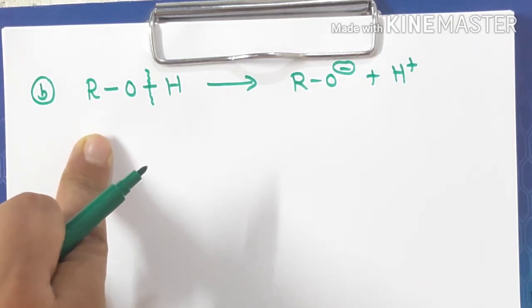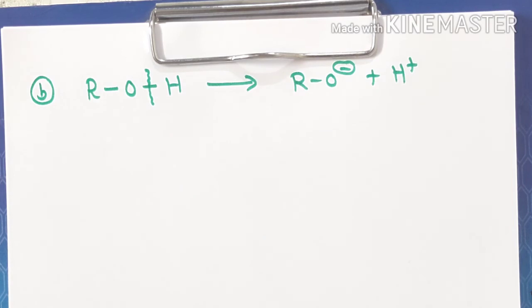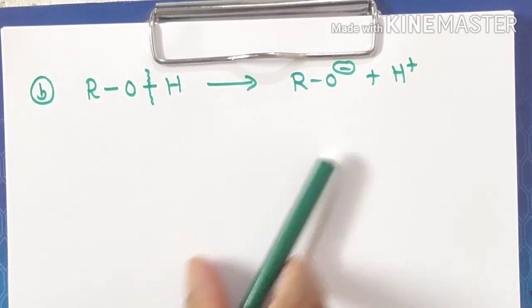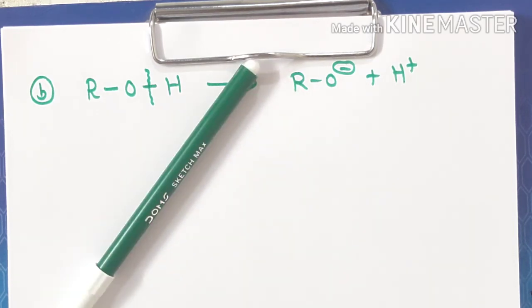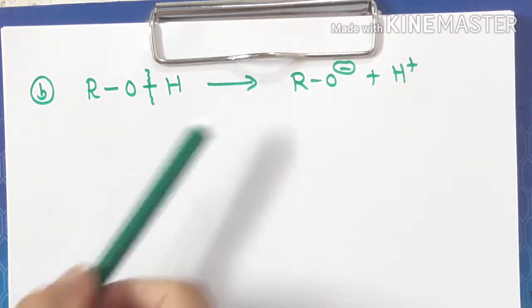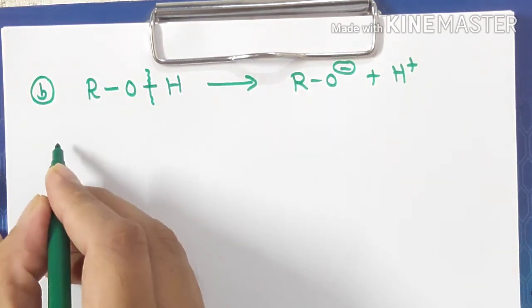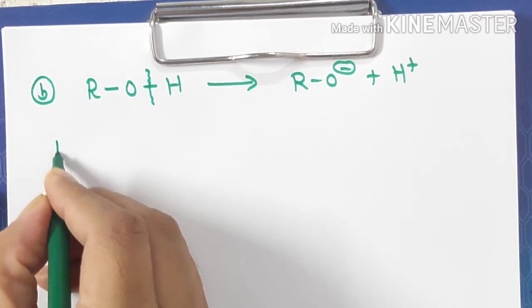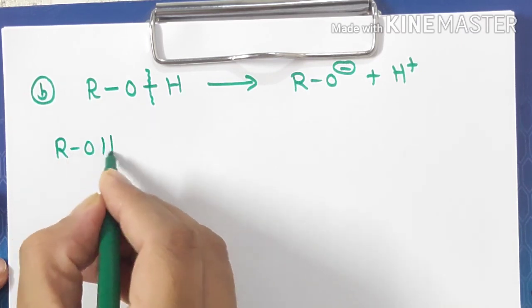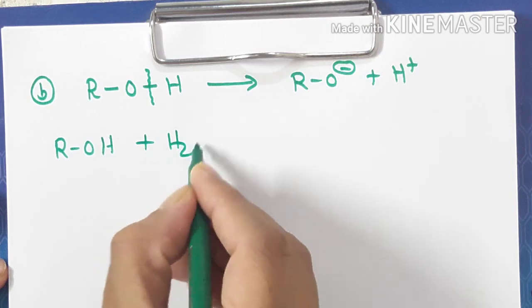Okay, now student, we'll be doing some reactions which will prove the acidic nature of alcohol. Now what we are going to do is react this. Suppose I took alcohol and I react this with water.